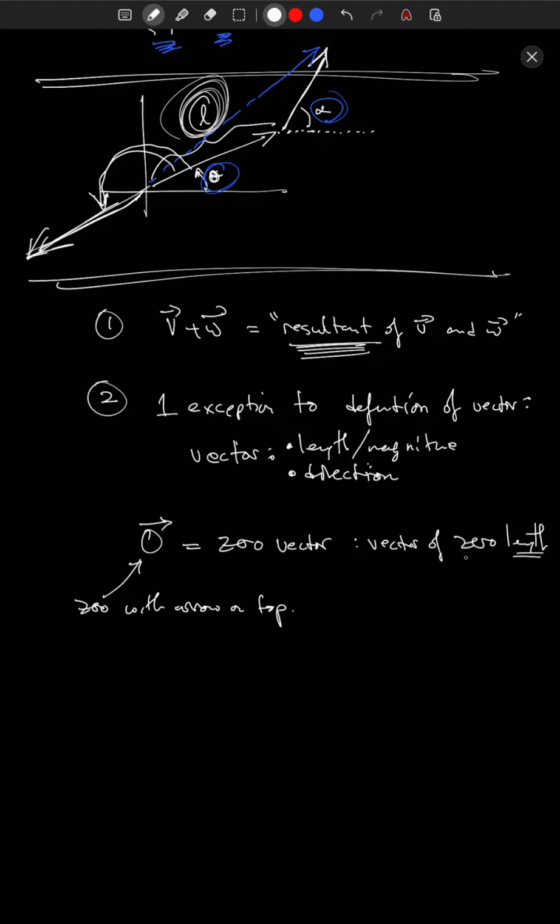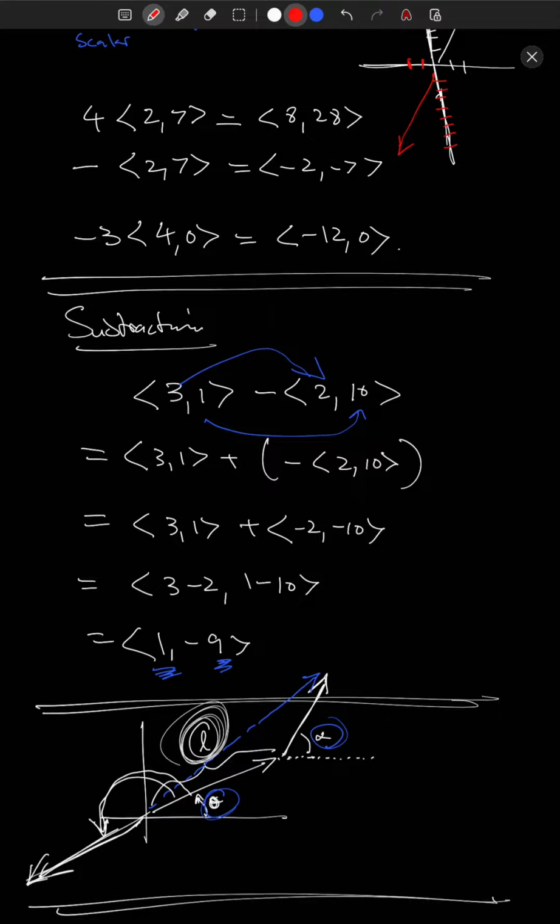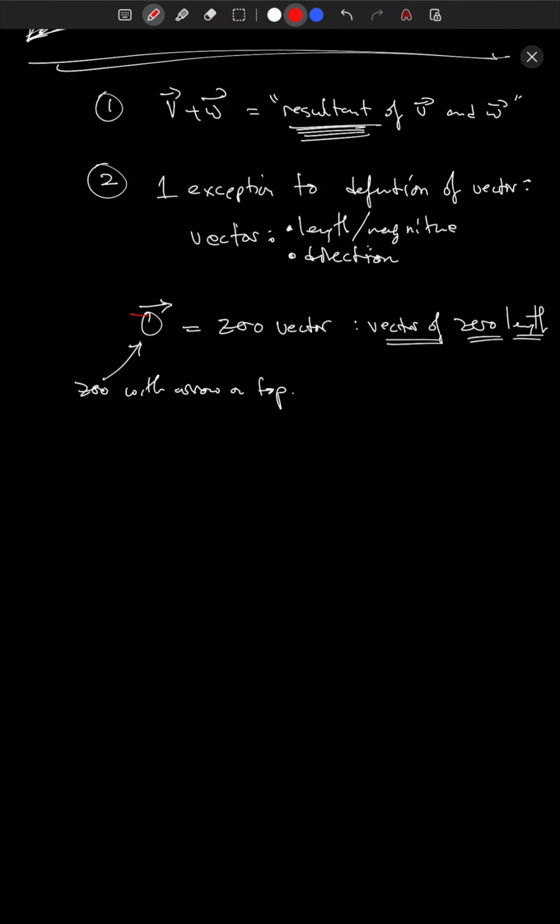Okay, so this guy has zero length, so actually its direction is irrelevant, right? So there's no direction. The zero vector is the one vector that has no direction, just because direction doesn't even make sense if you have zero length, right?